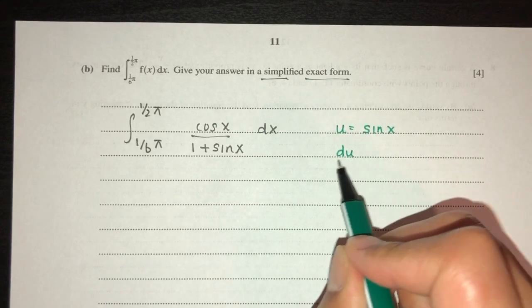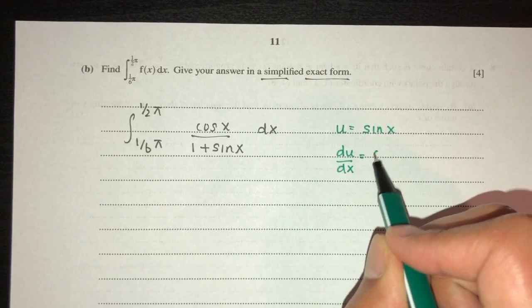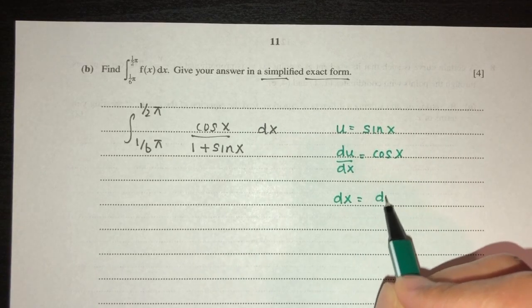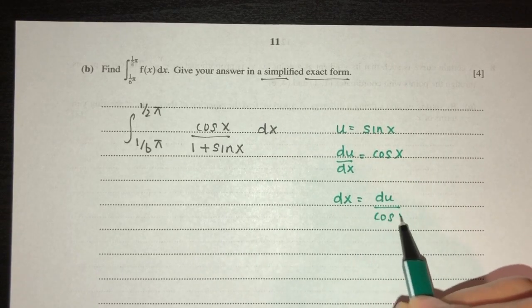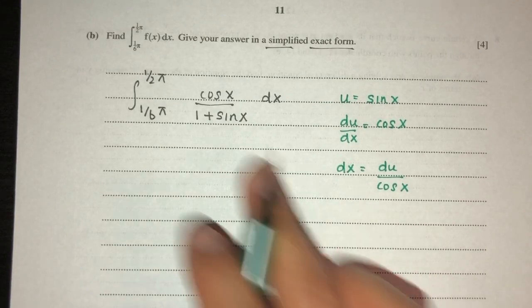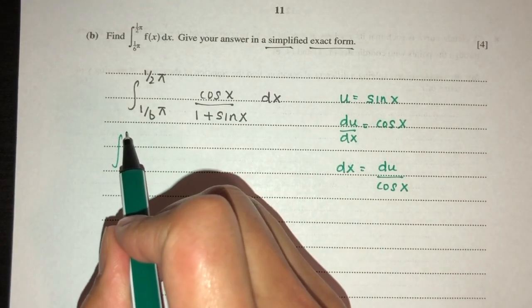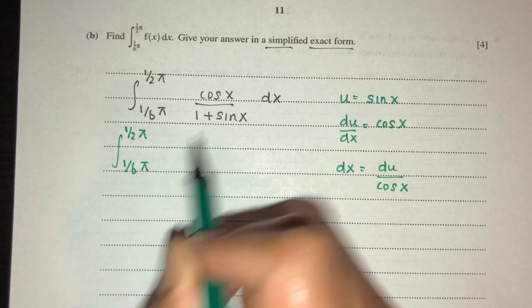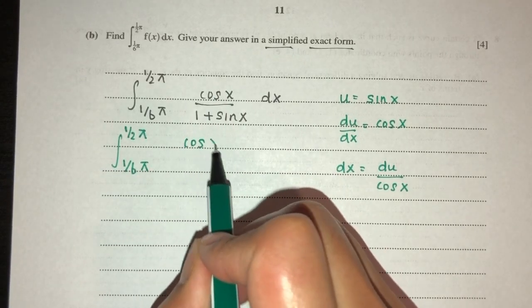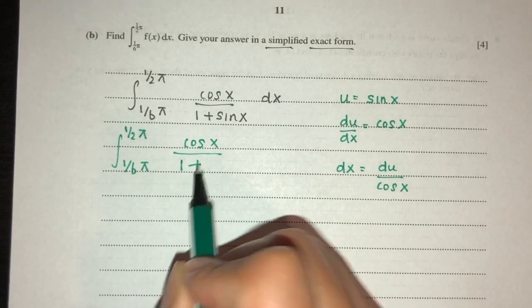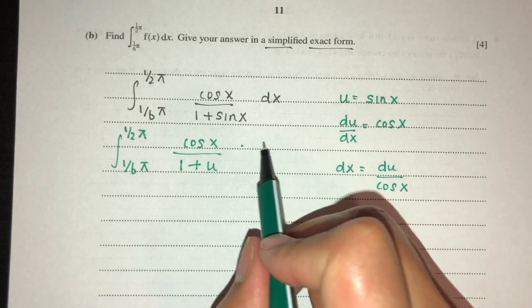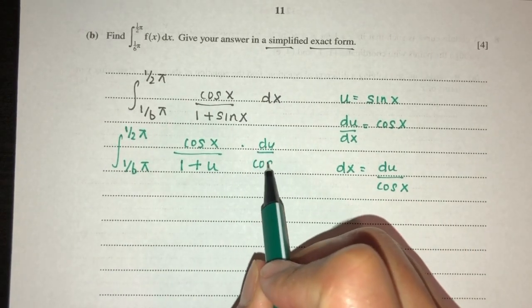So du by dx will be cos x. So dx has to be du over cos x. Now replace back in your equation, you will have the integration of cos x on top, 1 plus sine is u, and dx will be du over cos x.